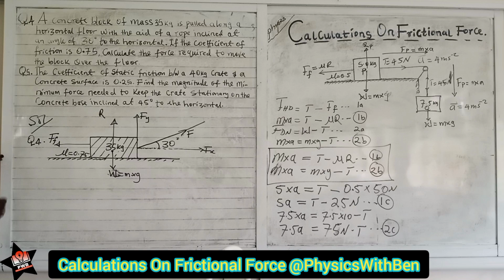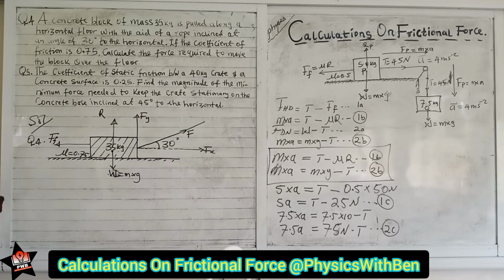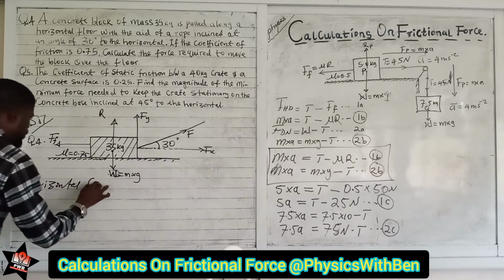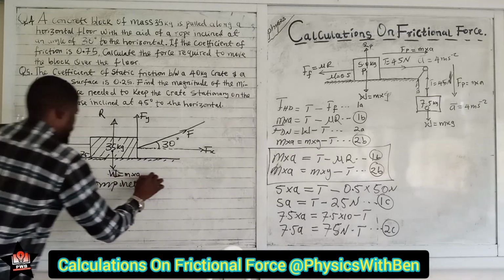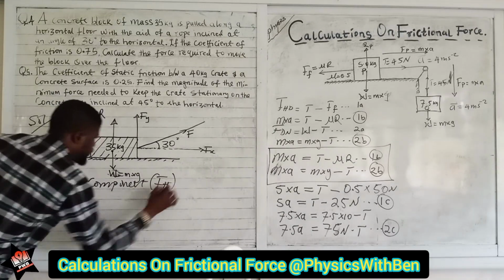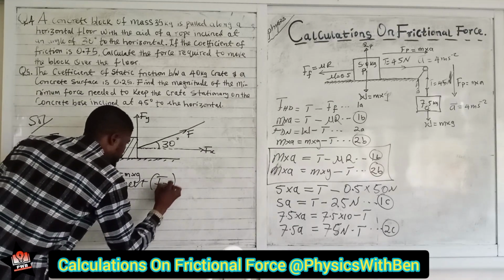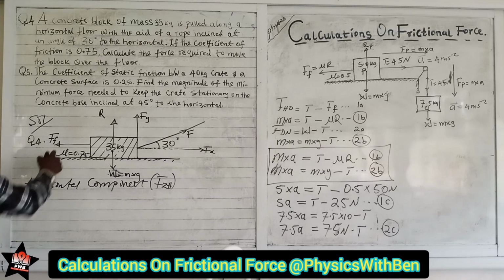So the next thing we are going to do is generate the equations that are needed here. First up, let's find the horizontal components of these forces. The resultant horizontal component of the forces, FH, is given to be what?